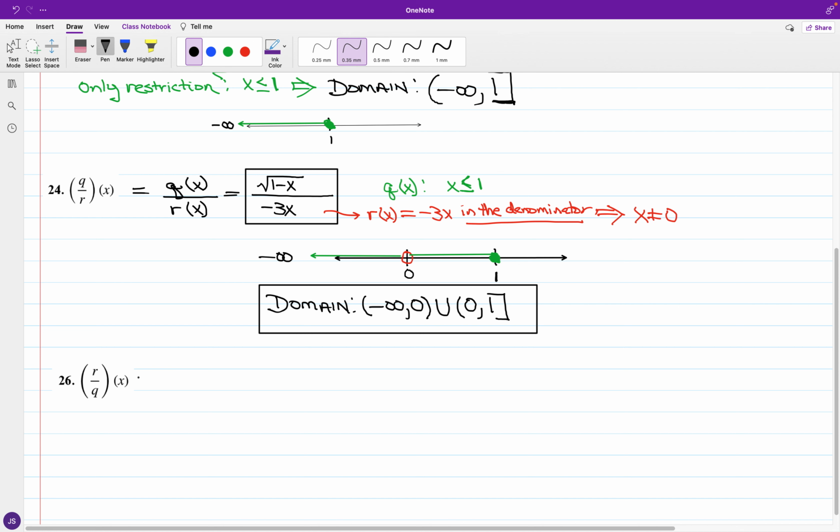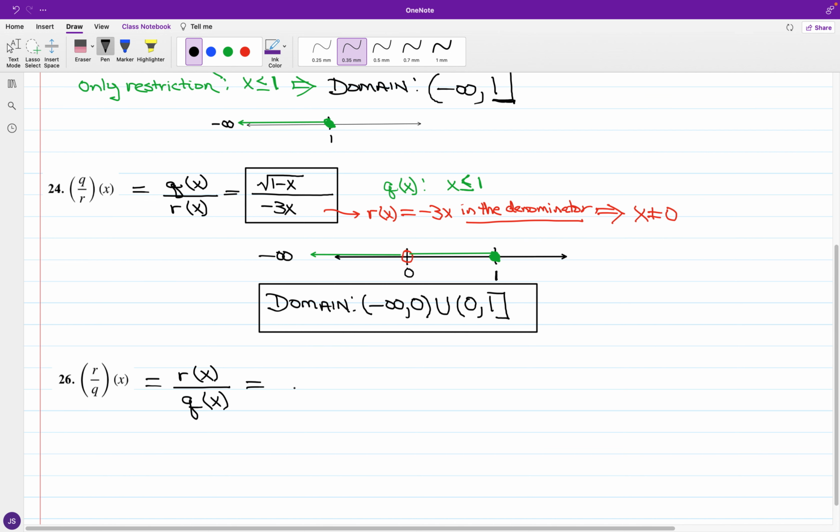And for what we have in this one, for r over q of x, we have r of x over q of x. And so you're going to end up with the reciprocal of what we have for number 24.